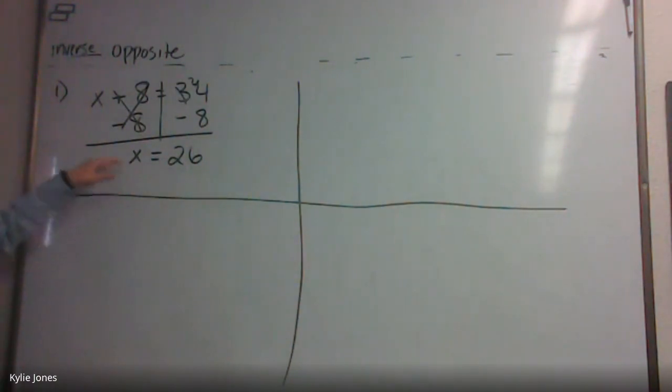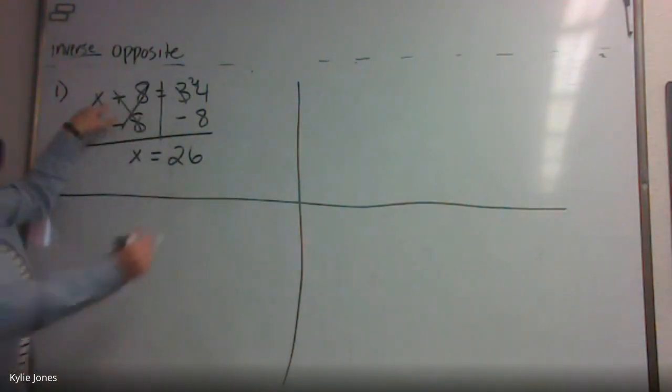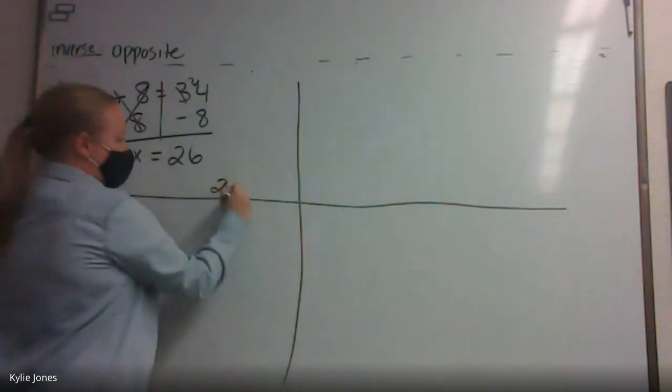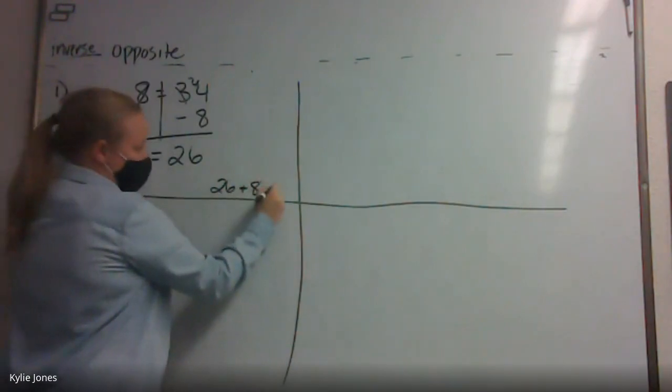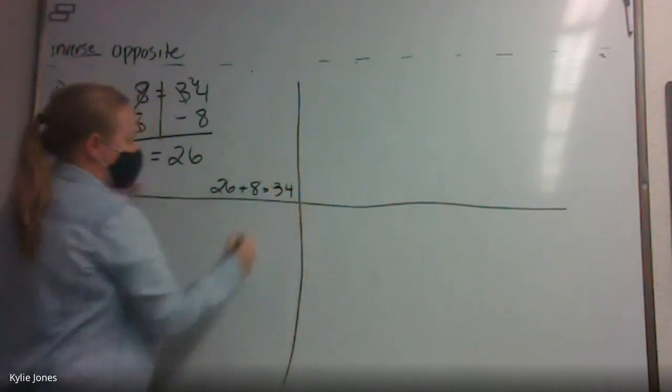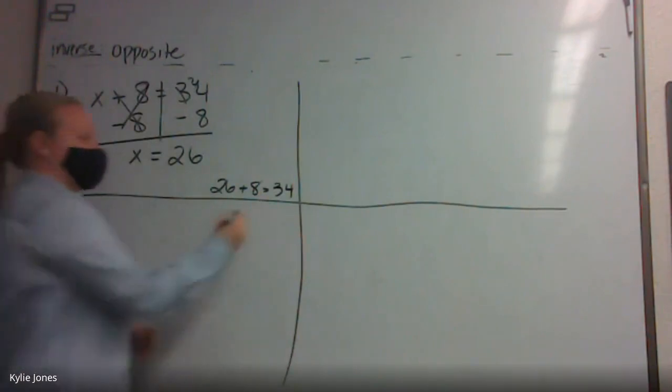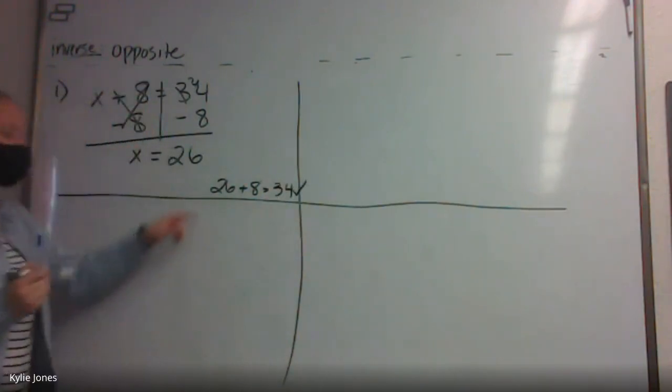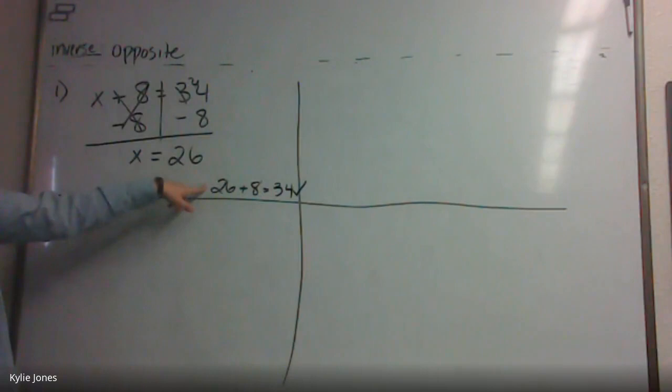Now we can check our answer by putting 26 back into our original problem: 26 plus 8 equals 34. Does that equal 34? Yeah, check. You're good. So you have checked your answer to see if it's correct.